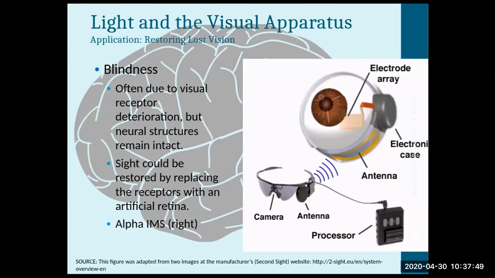Now that we have gone through the main pathway of the eye, which is the LGN, right, from the back of the eye, the optic nerve, to the LGN of the thalamus, and from the thalamus, of course, projected to the visual cortex, or V1. We know that just like deafness, it could come from problems before the information is converted to a neural signal, before it reaches the hair cells in the cochlea, or it could be due to damage between once it's converted and becomes a neural signal and the brain.